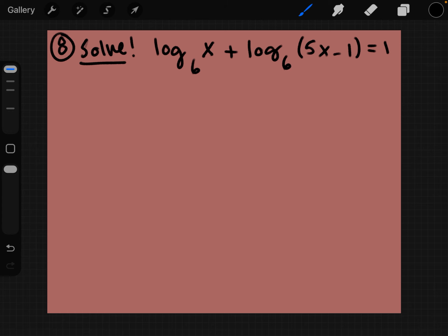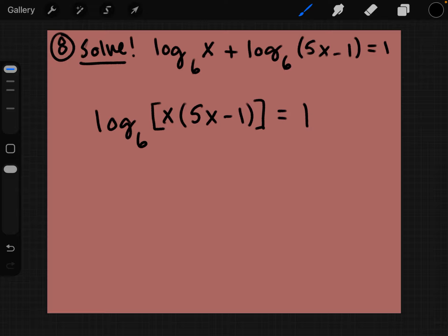So since the base is the same and there's a plus sign, we can condense this to be that. And then if you rewrote this in exponential form, it would be 6 to the first power is equal to x times 5x minus 1.